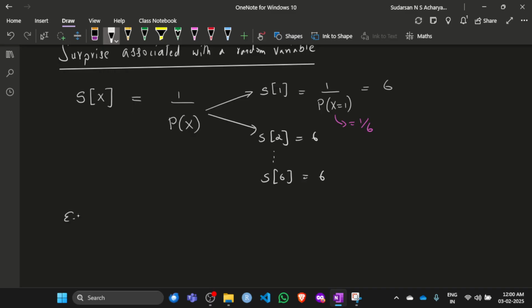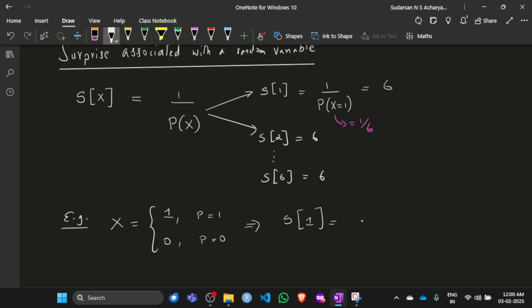So let's look at this example. There is a coin, x equals 1. Let's say 1 is heads with probability 1 and 0 is the encoding of the random variable's value when it shows up tail, and let's say that happens with probability 0, right? Now, let's talk about the surprise associated with the coin showing up 1.